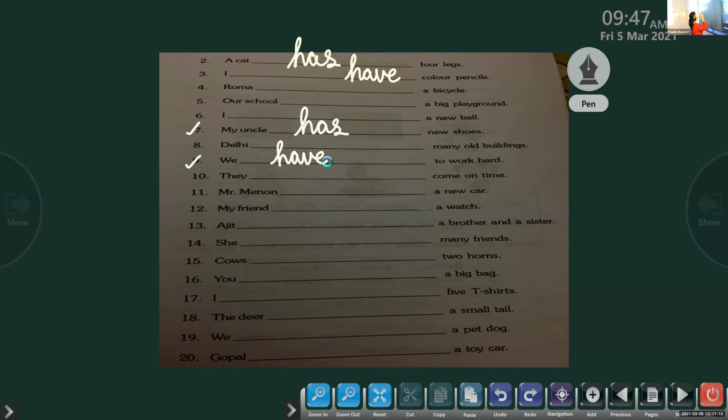Always keep in mind, I have, you have, we have. Okay? Thank you, my dear. Try number 11, Bennett. Mr. Menon dash has a new car. Has. Mr. Menon means one person. So we will use the word has. Thank you, Bennett. Good effort.